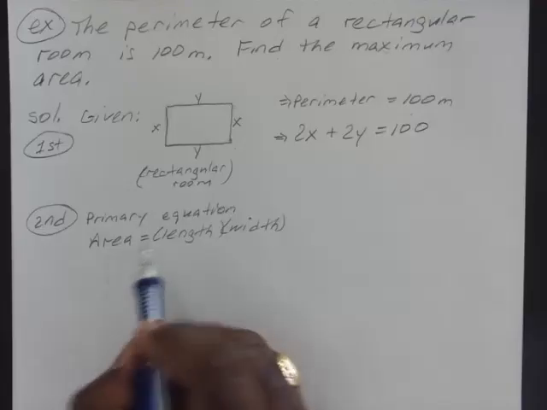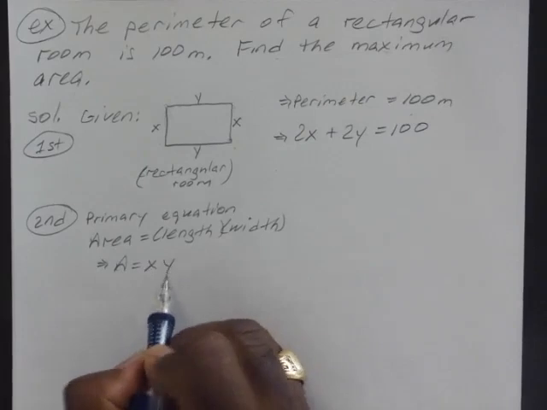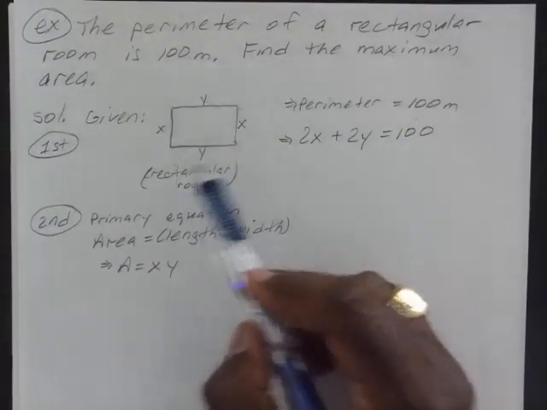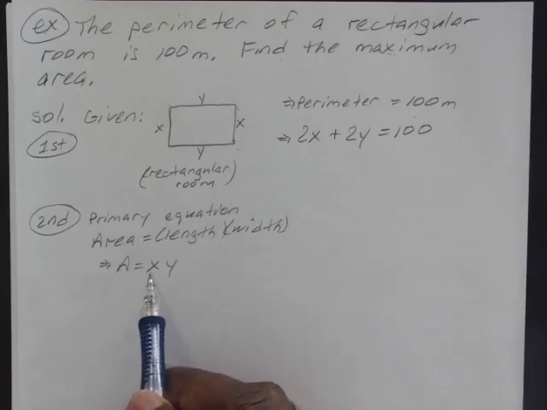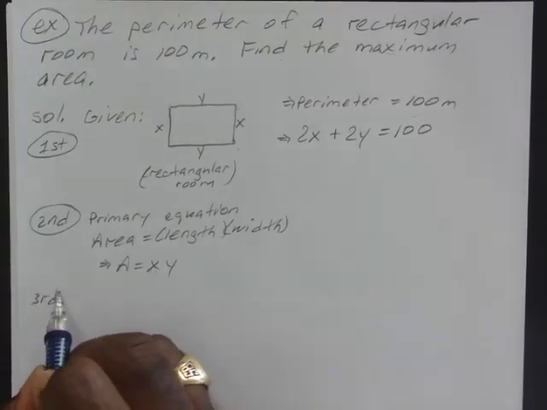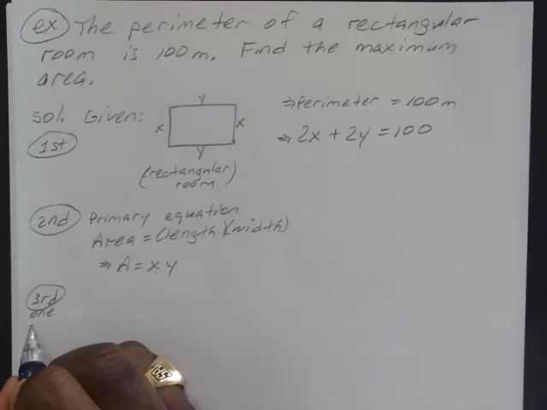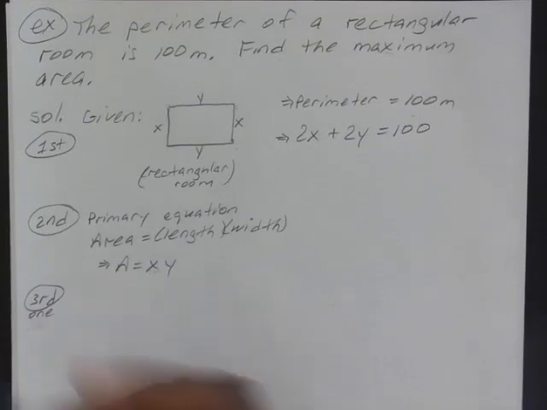So in this case, our primary equation is just A is equal to x times y, since that's our length times width. But once again, we have a function of x and y, and we need one independent variable, not two.